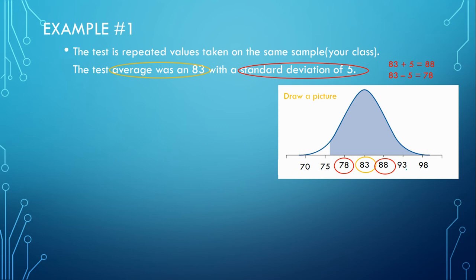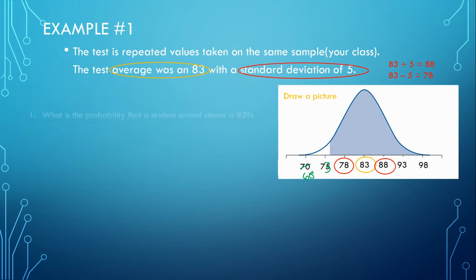And then if I add 5 again, I get 93, and if I add 5 again, I get 98. If I subtract 5 again, I get 73. It looks like I need to fix this. I can subtract, that's 73, and this will be 68. I will fix that for your Google Slides.